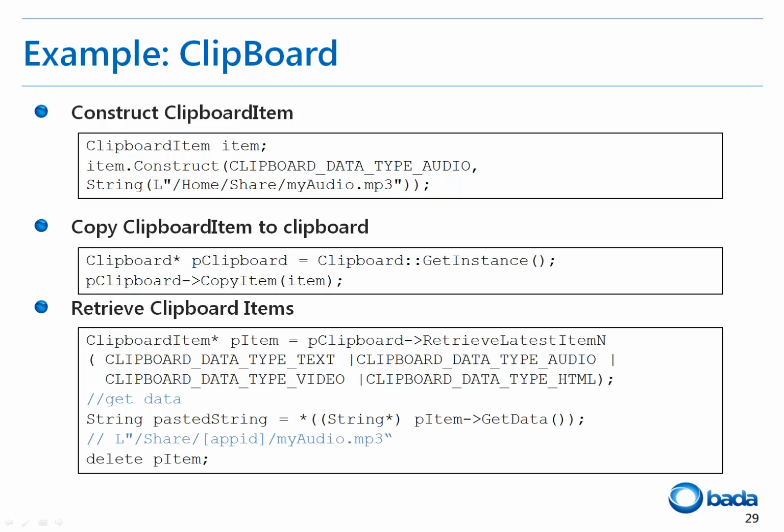Once we have the collection of items, all we need is to get the data from the clipboard item, which I have shown here using the getData method. The getData method will return the data as a string, which in this case is the audio file path. Once this is done, the clipboard item object is deleted.